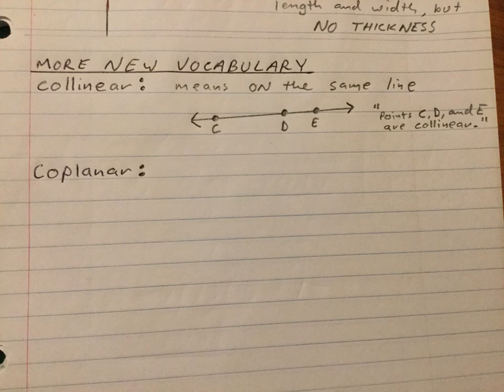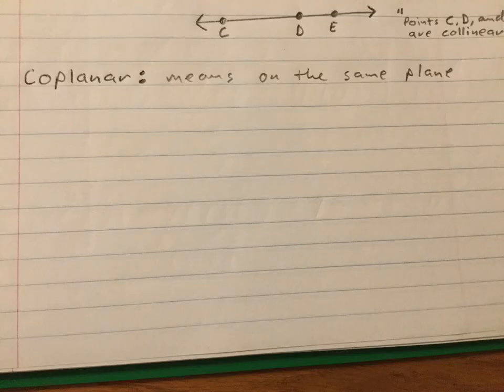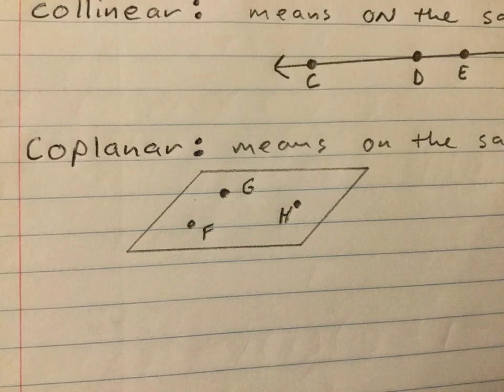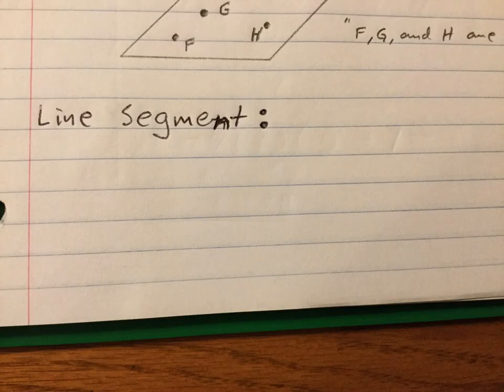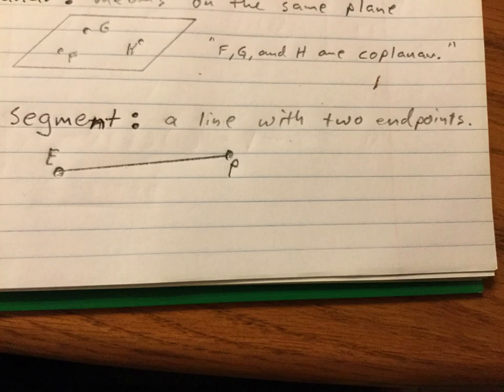In a similar vein, the word coplanar means on the same plane. So here we have 3 points, F, G, and H, and because they're on the same plane, we say they are coplanar. Another definition, line segment. A line segment is a line with 2 endpoints. Here we have line segment EP.